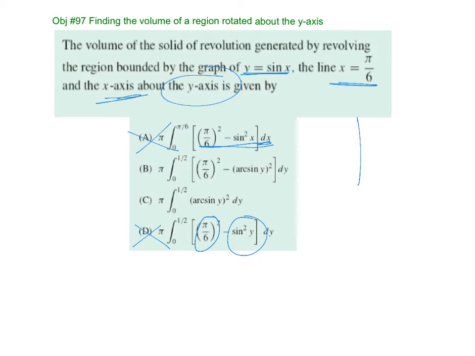All right, so I'm going to draw my picture. So we have sine, we have pi over 6 and the x-axis. So this is my region, and we're rotating it this way. So we got that.